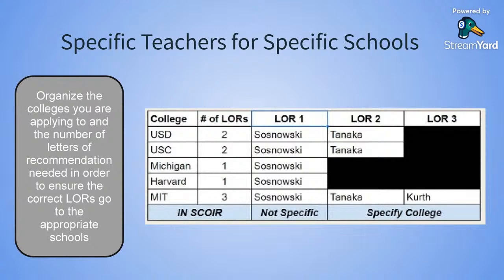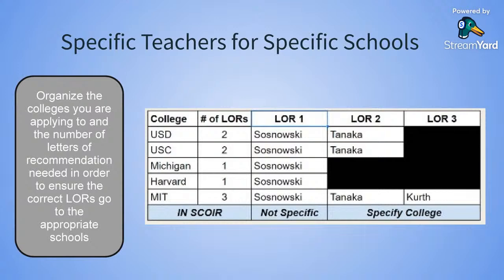So to make sure that the right recommendations go to the right colleges, we recommend that you organize your colleges that you're applying to and the numbers of letters of recommendation. The reason being is that if a school only accepts 1 letter of recommendation and you don't specify which teacher that needs to be, then the very first letter of recommendation that you get will be the one that is sent to that school.